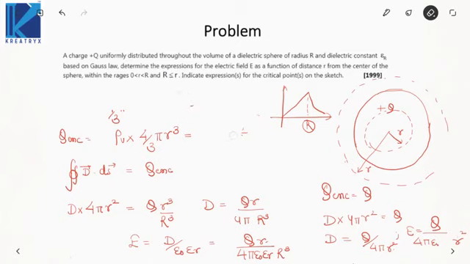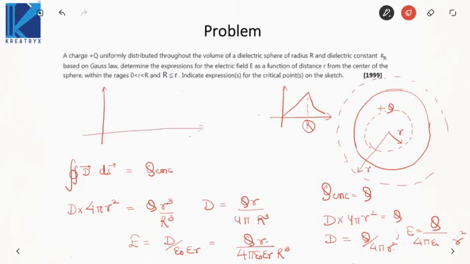Earlier when you were calculating electric field, it was divided by epsilon r, but now it is not divided by epsilon r. That is, you will get a discontinuity like this. It will be increasing with respect to r, initially linearly increasing. Now as soon as you remove this epsilon r, it will increase suddenly. Then it will hyperbolically reduce with r.